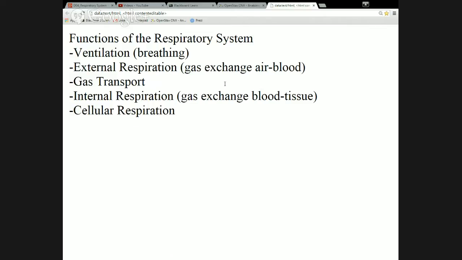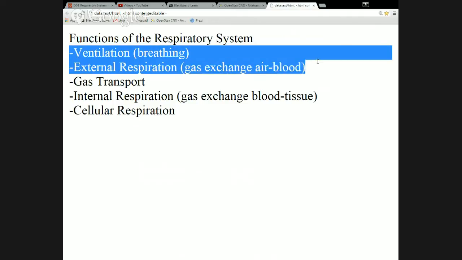Now, actually calling this functions of the respiratory system is a little misleading, because really the only things that are localized to the organs of the respiratory system are ventilation and external respiration.